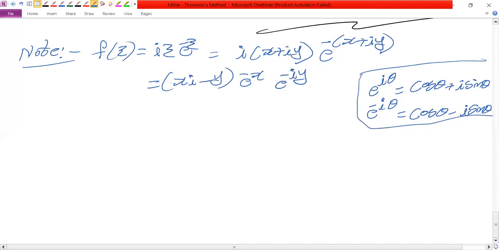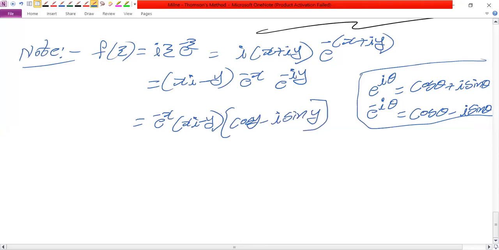So now I'm going to write that one: e power minus x into (xi minus y) into e power minus iy. I'm going to write e power minus iy as cos y minus i sin y. Now here there are two brackets, but both are complex numbers.